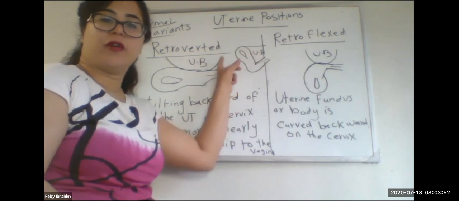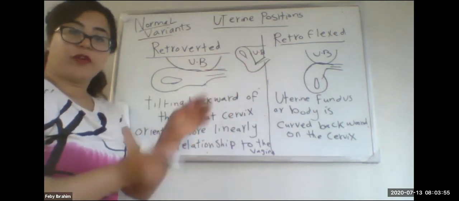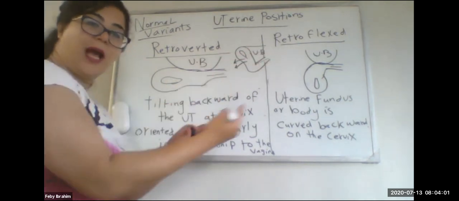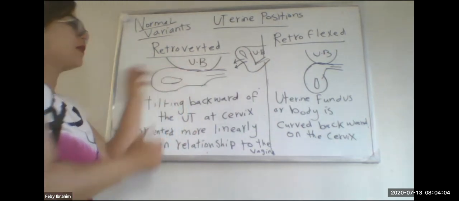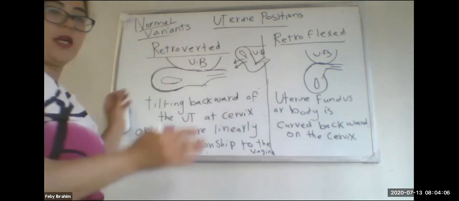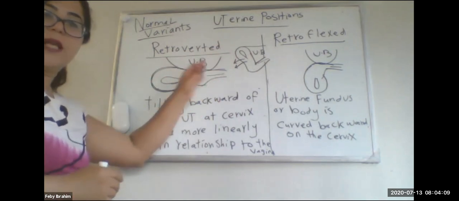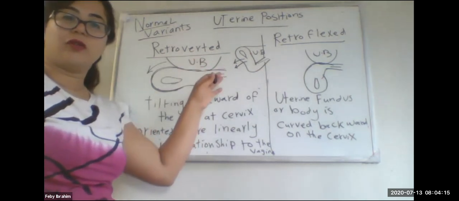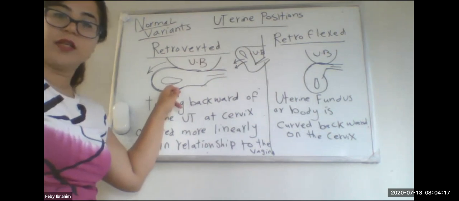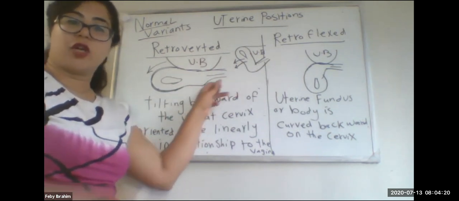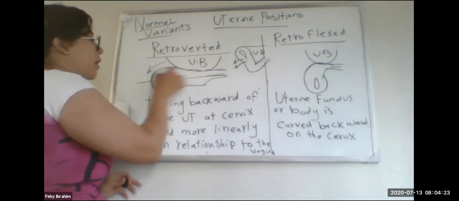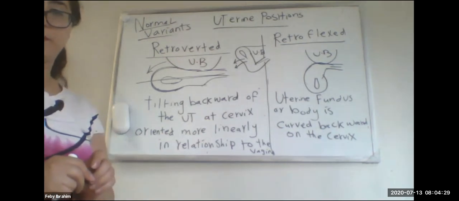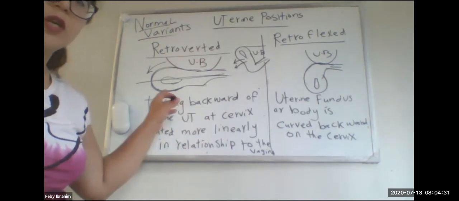For retroverted, look here, the fundus and the body tilt backward, away from the urinary bladder. In a retroverted uterus, the fundus, the cervix and the vagina are in line. Look here, it's aligned, forming a greater than 90-degree angle. This is for the retroverted.